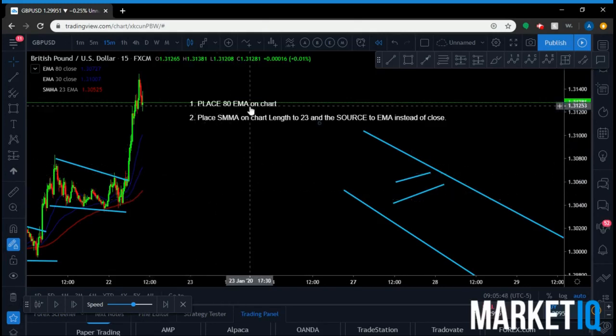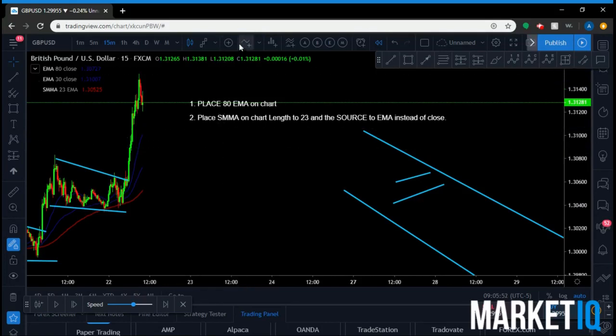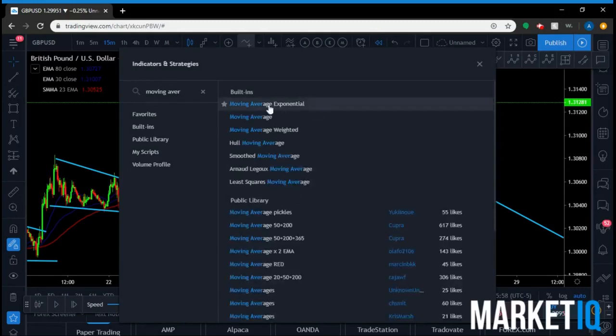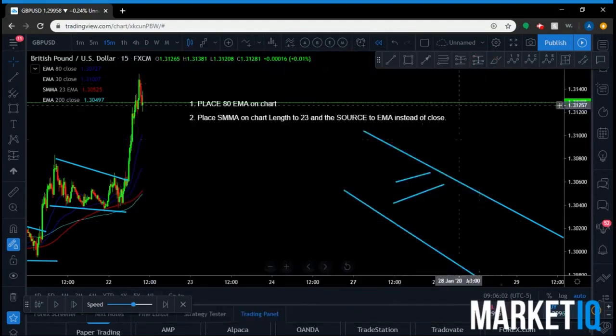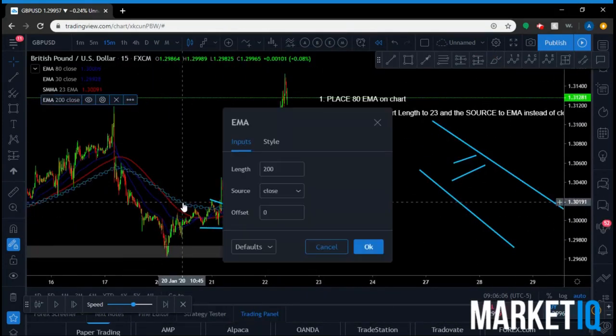So one, place 80 EMA on chart. So we'll go to our indicators and we'll type in moving average. And we'll go to moving average exponential. Okay? And that moving average exponential is going to put a random EMA on your chart. What you want to do is change that length to 80.